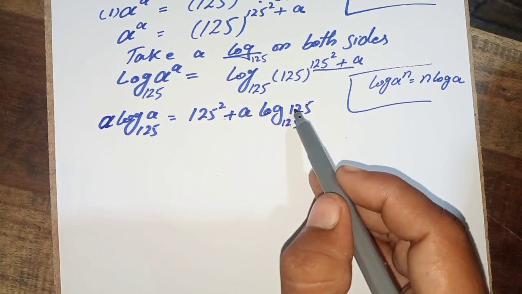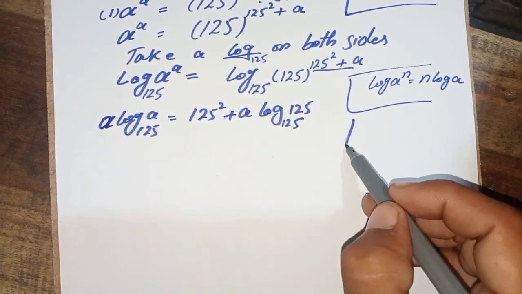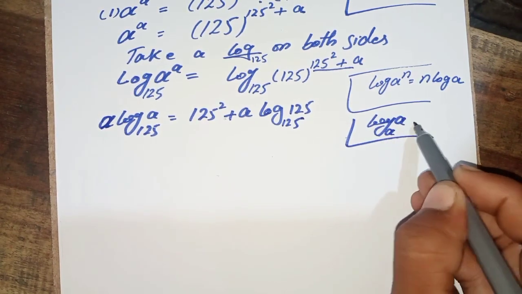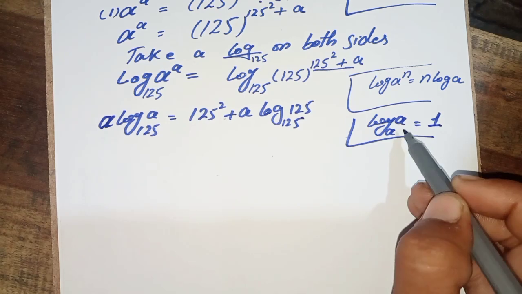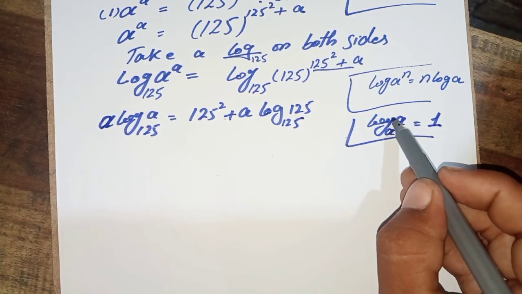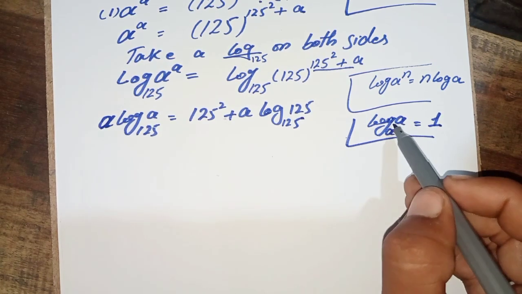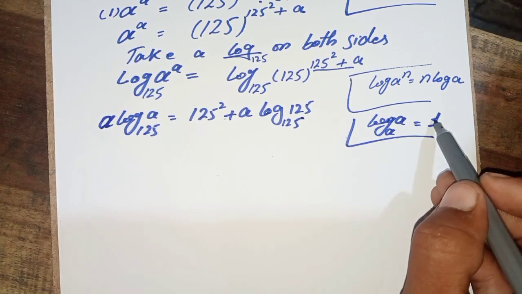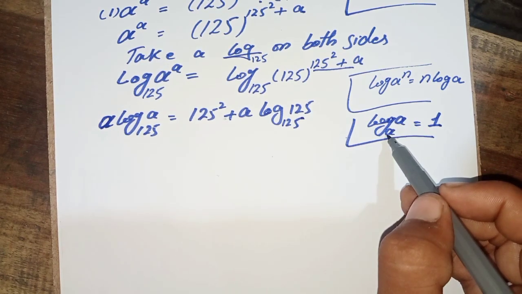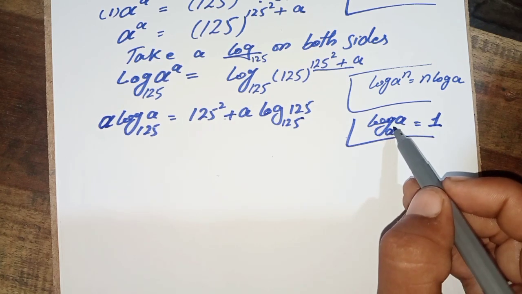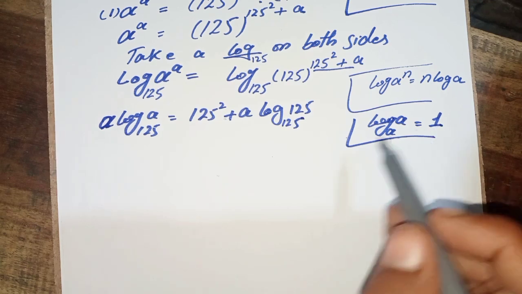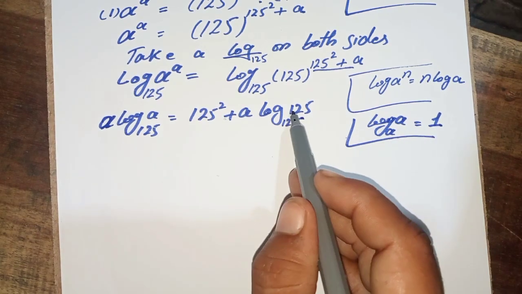This is the same base and same log. This is the logarithmic rule: log a base a is equal to 1. For any real number, like log 2 base 2, which is also 1, or log 3 base 3, which is also 1, any number which has the same base and same log is equal to 1. We apply this rule over here.